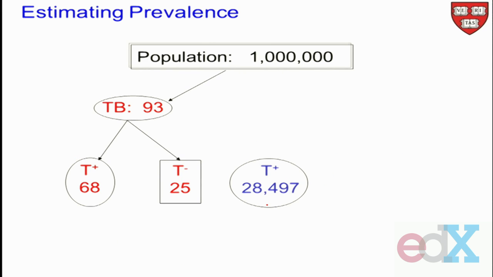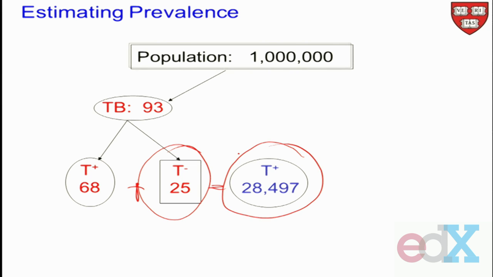Well, what's the problem? The problem is looking above the line, which we don't know, but the problem is that we would love to have both 68 plus the 25, but we would love to take out these 28,497 that we got who were false positives. So we would like to replace the false negatives, bring them back into the fold, and get rid of these guys, get them out of the fold.